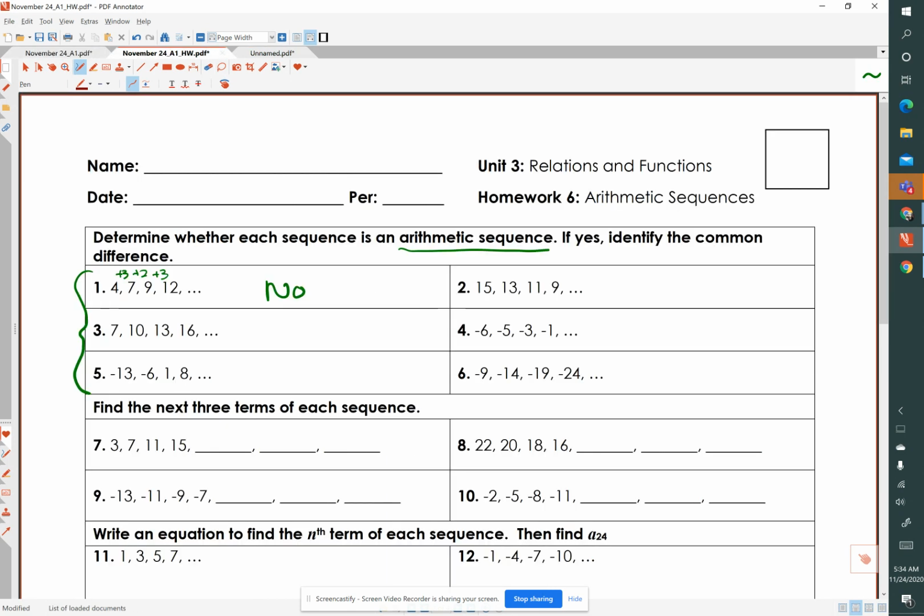And if you look at your homework, you're doing the same thing for the next group from 7 through 10. So 3 to 7, we're adding 4. 7 to 11, adding 4. 11 to 15, we're adding 4. So 15 plus 4, 19, plus 4 more, 23, plus 4 more, 27.